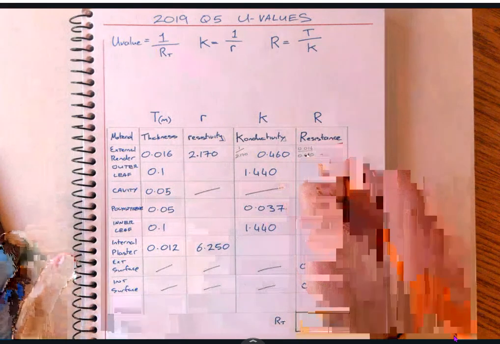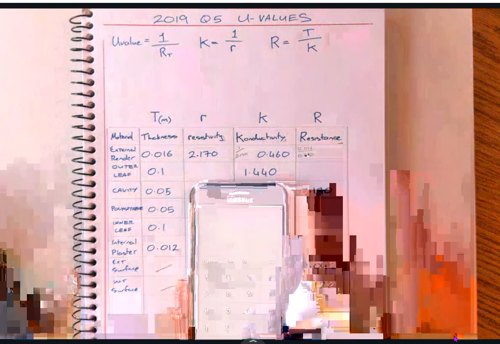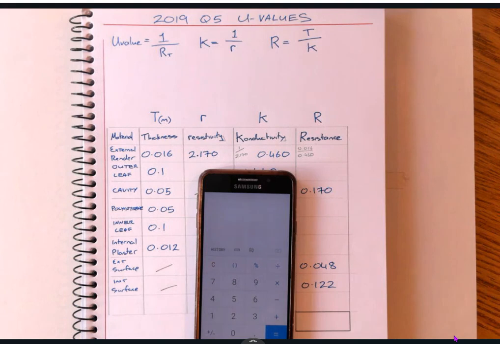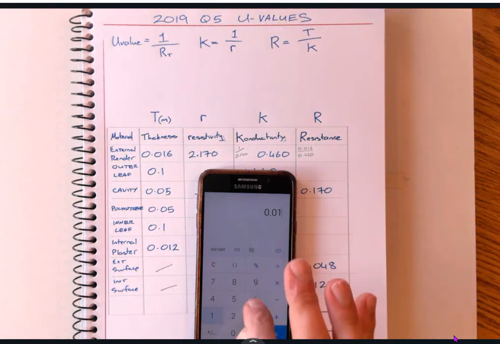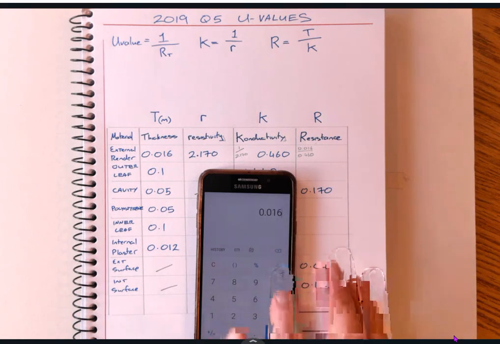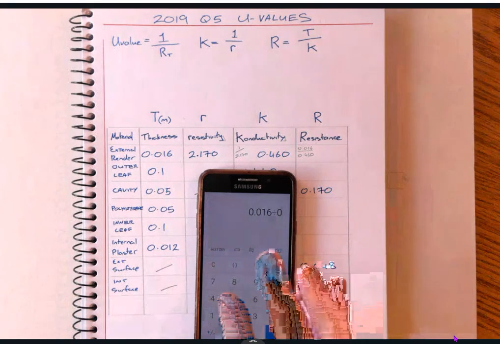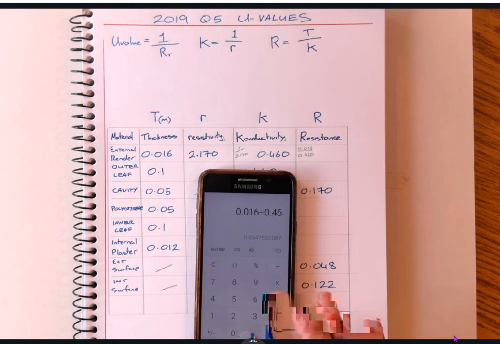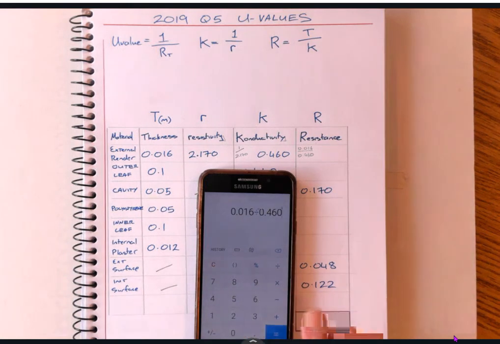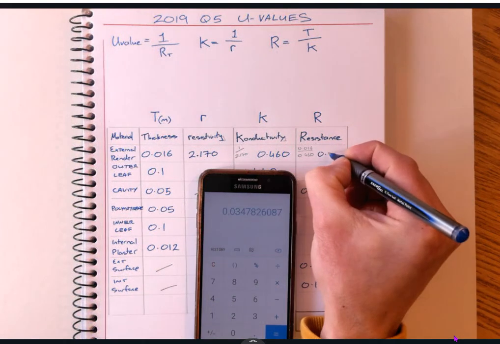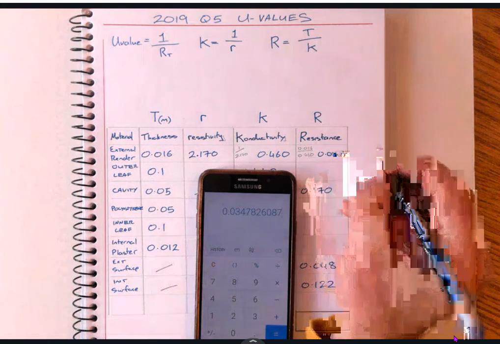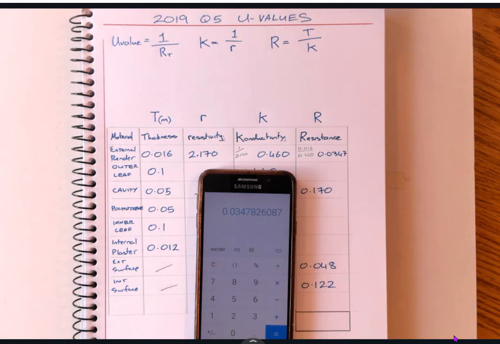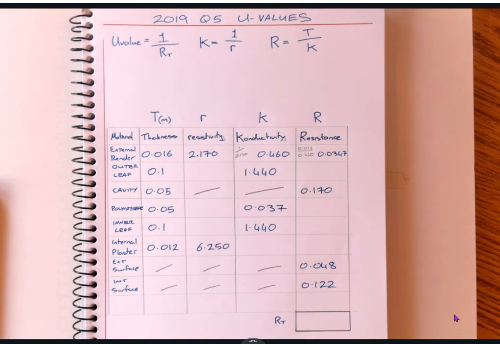Again, I'll do that on my calculator. 0.016 divided by 0.460 equals 0.0347. That is my first resistance measurement figured out.